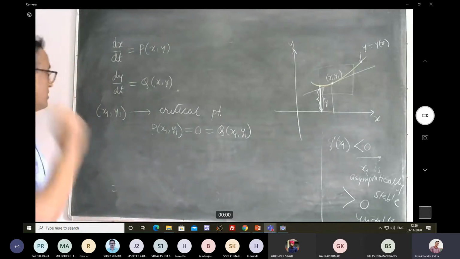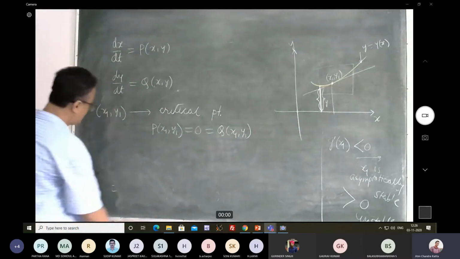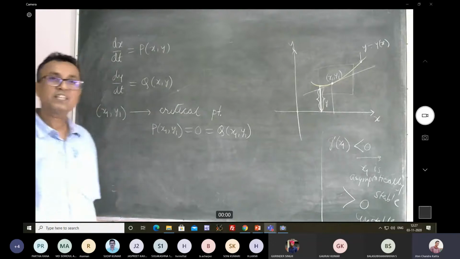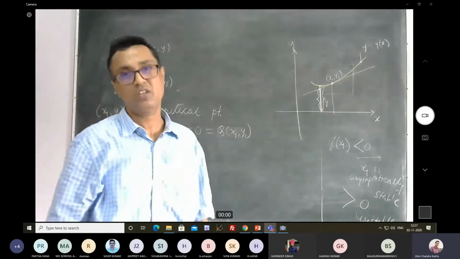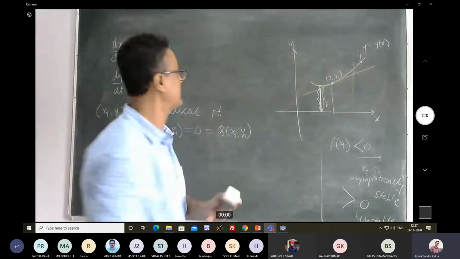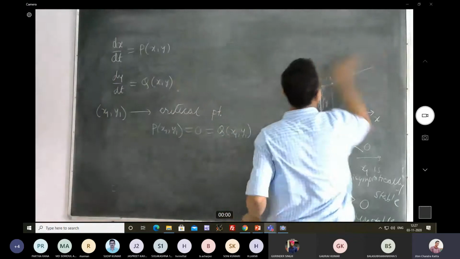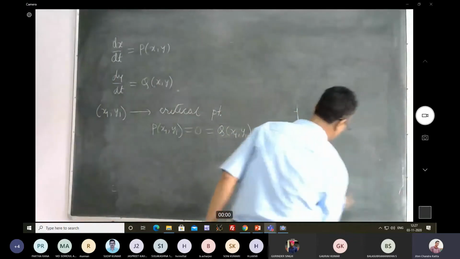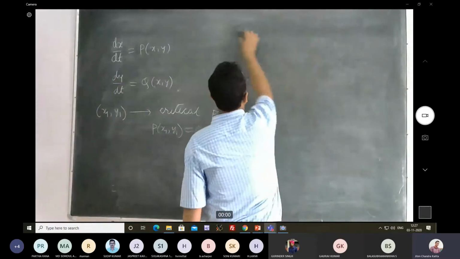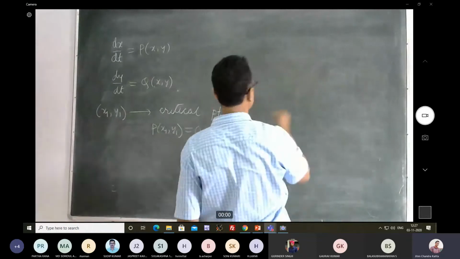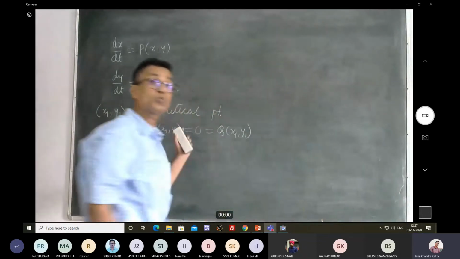Earlier, the linearization was done through a tangent line approximation. So now let us see what happens. Suppose I consider a function of two variables.